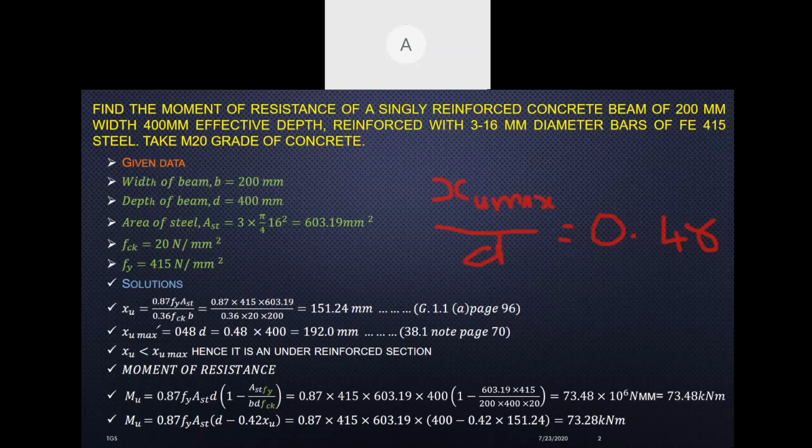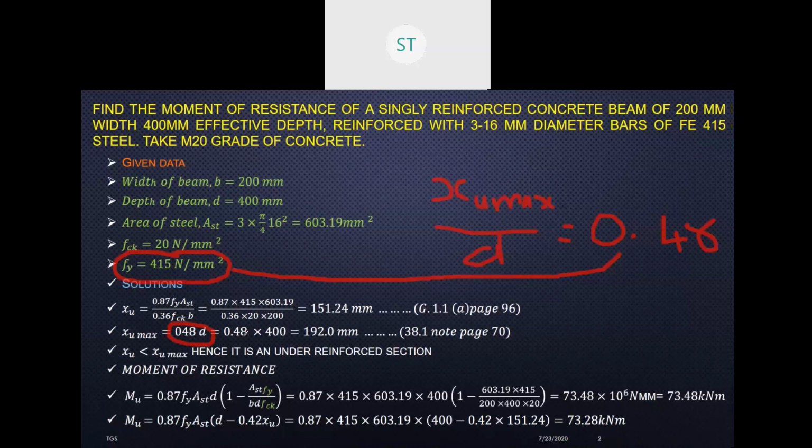Under the note, this xu max is based on the characteristic strength of steel. For characteristic strength of steel Fe 415, this xu max by d is 0.48. So from this equation we get xu max is equal to 0.48 into d.